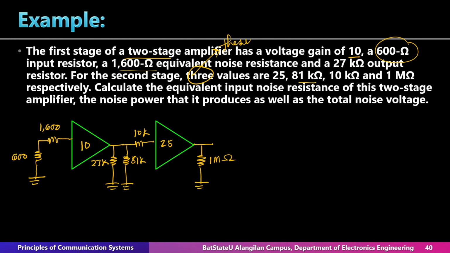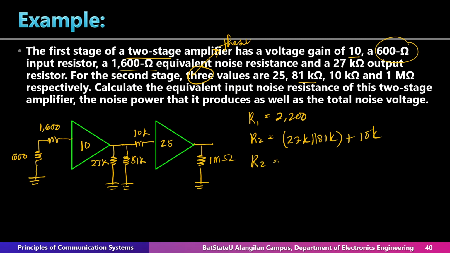Yung R1 ay obviously ang series combination nito. 600 plus 1,600 is 2,200. Okay. How about yung R2? Ang R2, parallel combination nung 27K at saka 81K. And then after that, yung combination na yun nakaseries sa 10K plus 10K. Okay.